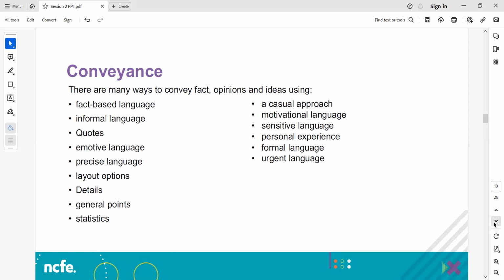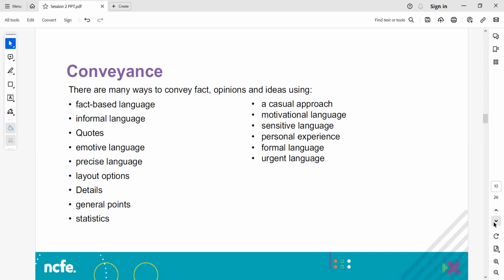Sensitive language, personal experience, so the example we just looked at, I live there, I know what's going on. Formal language, so the vocabulary choice, not using contractions such as I'll, won't, don't, can't and so on.